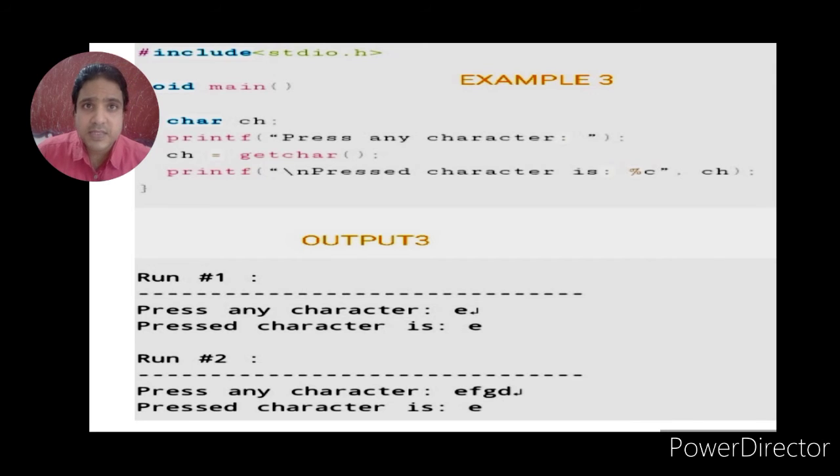If we don't press the enter key, it will run another time automatically. Here the output is like run 1, press any key e, pressed character is e. If we don't press enter, it goes to run 2, where it takes other characters, and the pressed character is e. One more thing, if we press multiple keys at a time, it will receive the first character of the string.